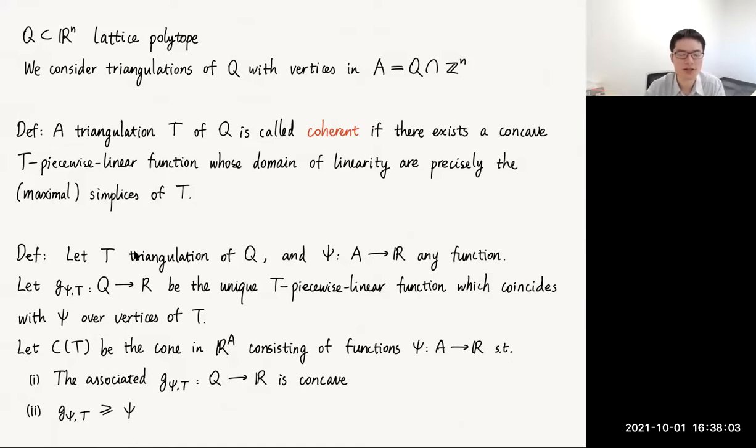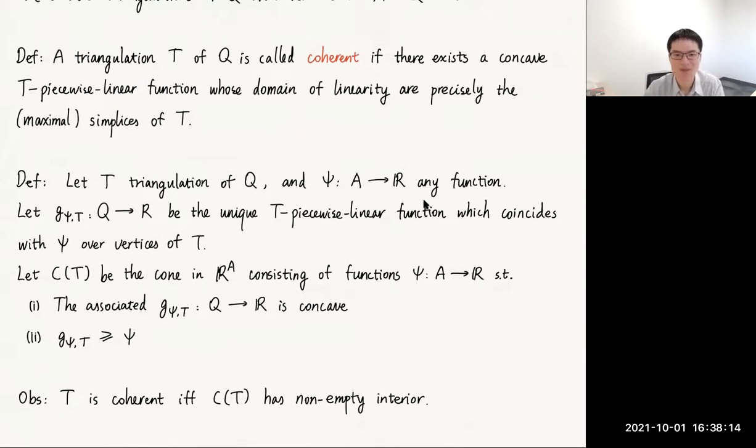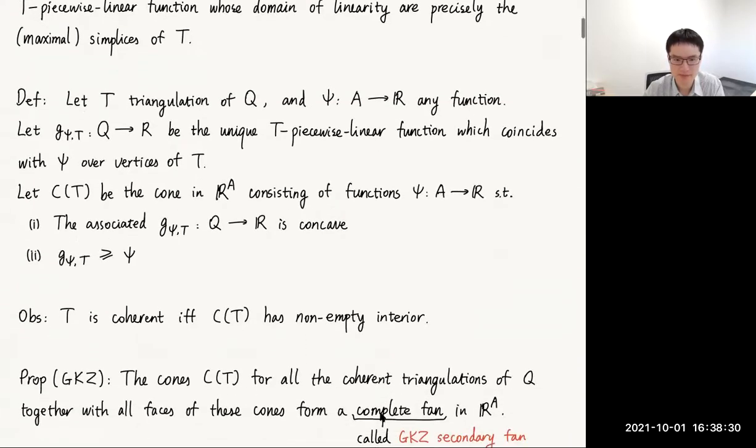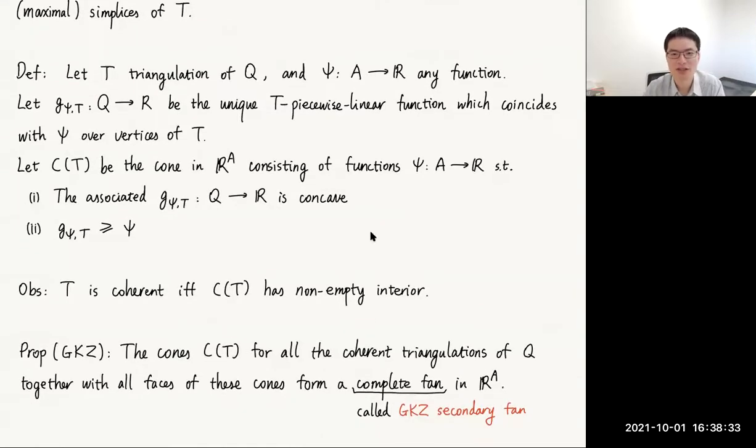So for each triangulation, we get a cone inside this space of functions, which is just Euclidean space. I hope it's very elementary and clear. Now we observe that the definition of coherent is simply equivalent to the statement that the cone has non-empty interior. Okay, so that's all we need for defining the GKZ secondary fan.